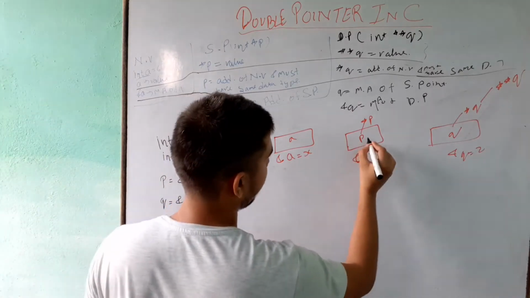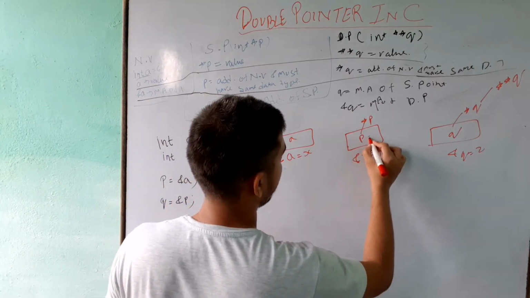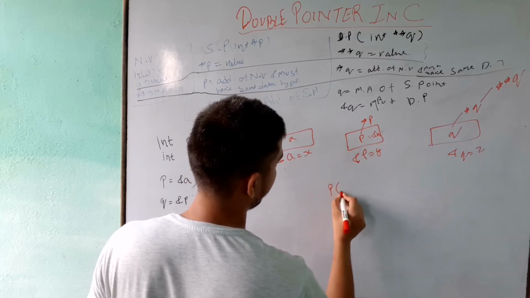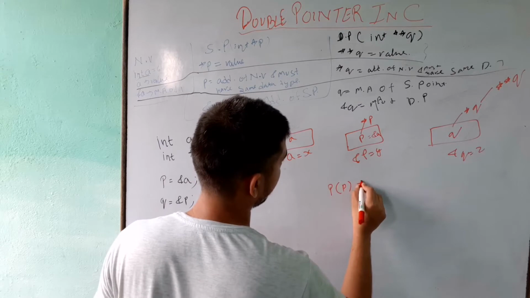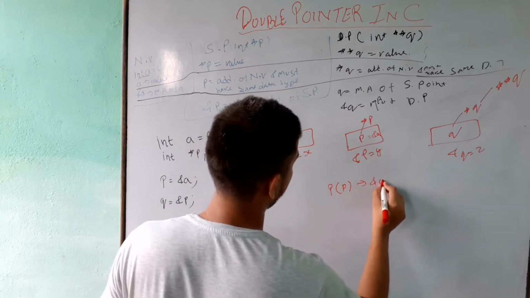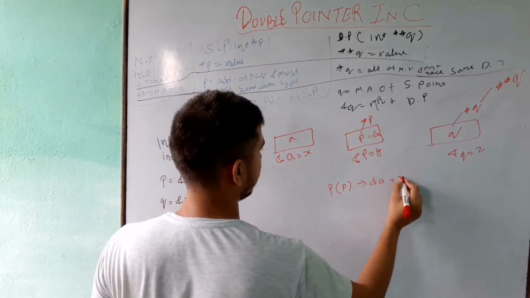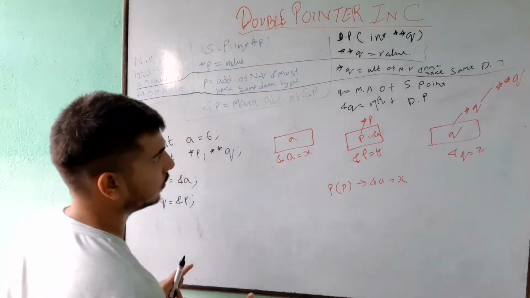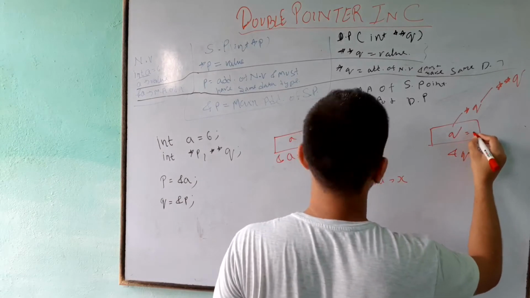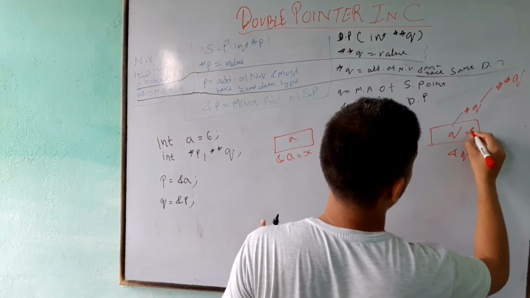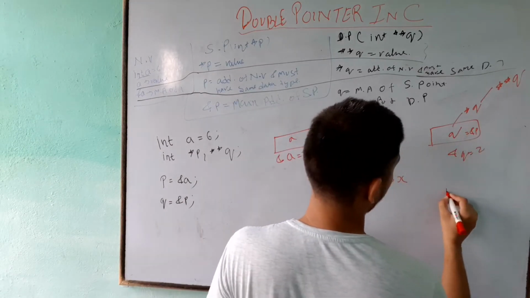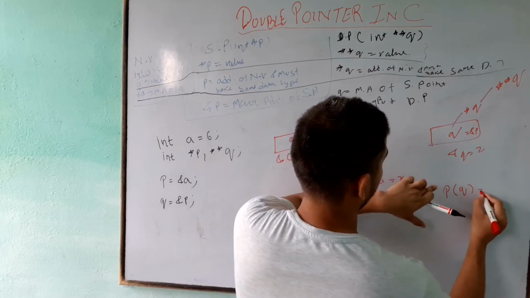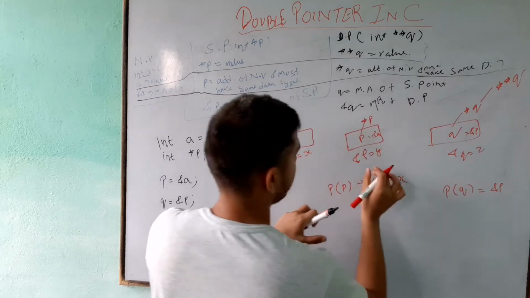Now p is equal to &a, so p is having the address of a. If I right now do printf of p, it will give me &a, which is equal to x. Then q is equal to &p, so if I do printf of q, it will give me &p, and what is &p right now?